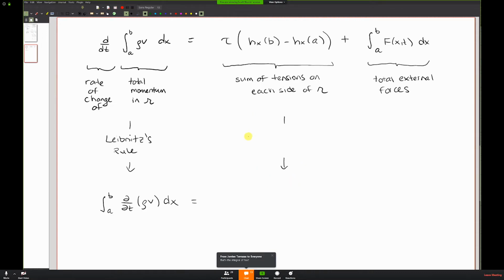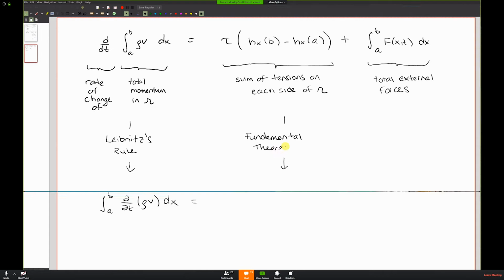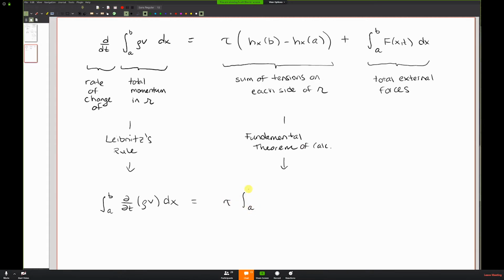Yes, we can use the fundamental theorem of calculus. All right, and we can rewrite that as the integral from a to b of the derivative of hx dx. Okay, which is indeed the integral of hxx.